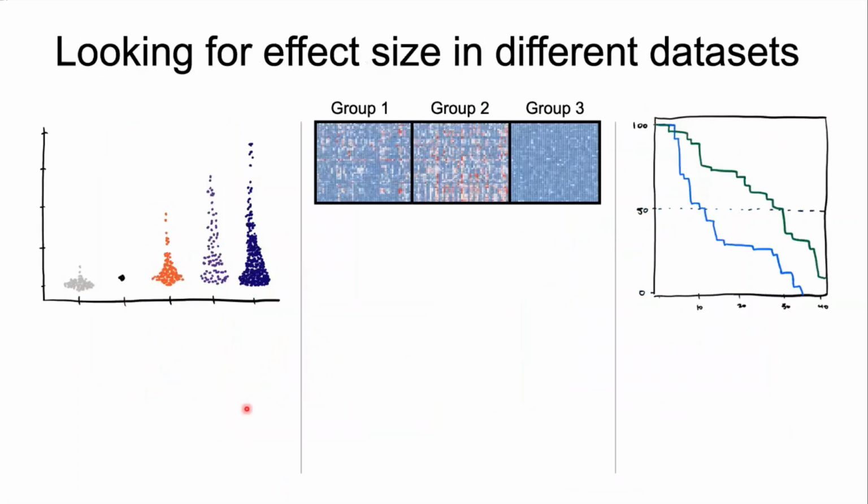I promised some examples of data that try to trick me up quite frequently. These are three different types of data that you might typically see, and here what you want to do is look for effect size as well as statistical significance.